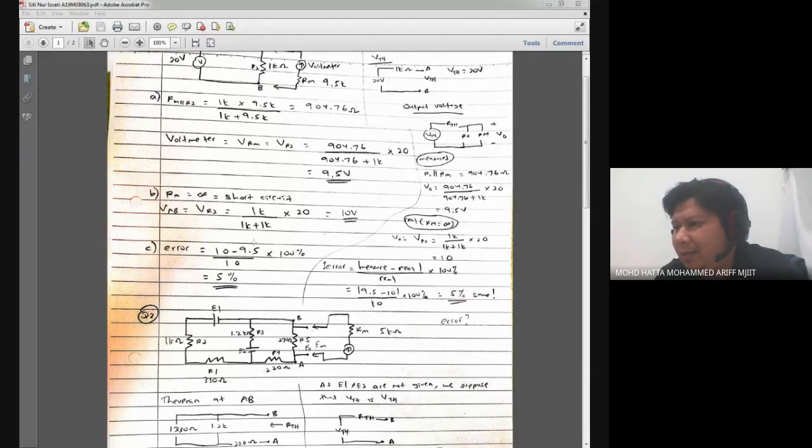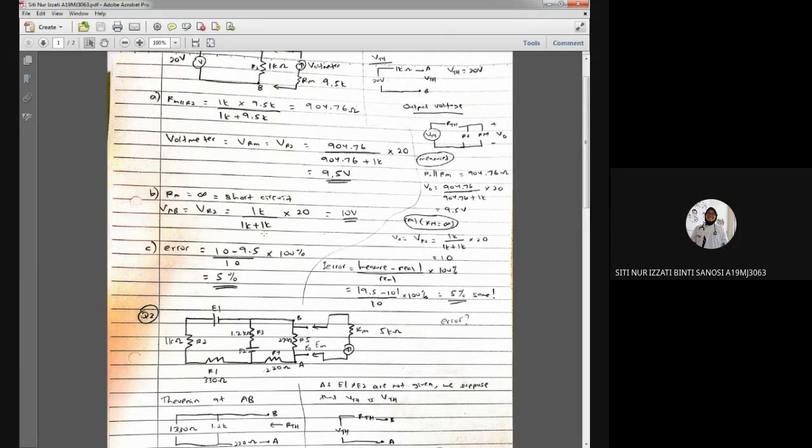I didn't get why you use this one, but the answer is correct, 10 volts. But how you managed to do this? Can you explain for me how this calculation happened? Why do you choose 1K divided by 1K plus 1K?